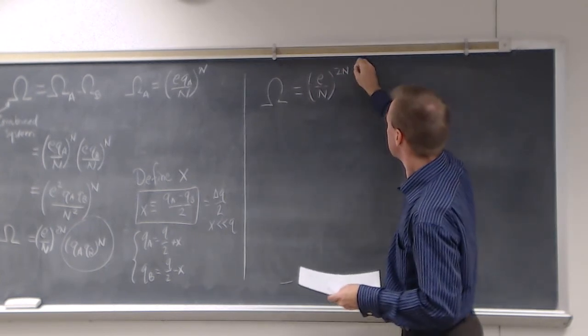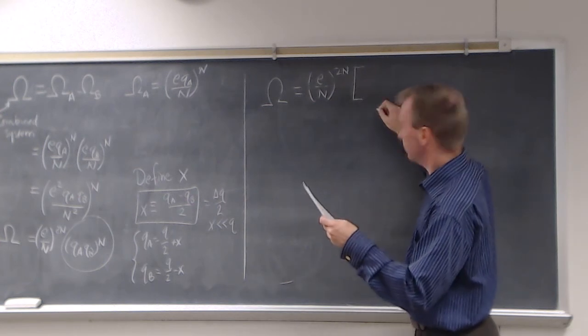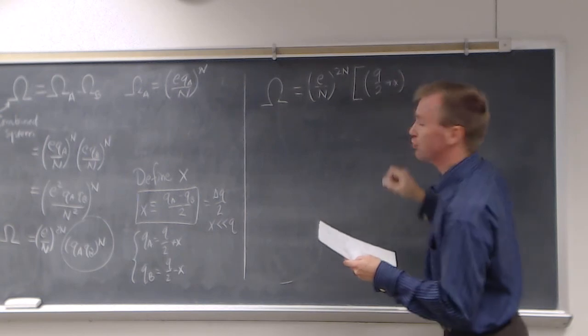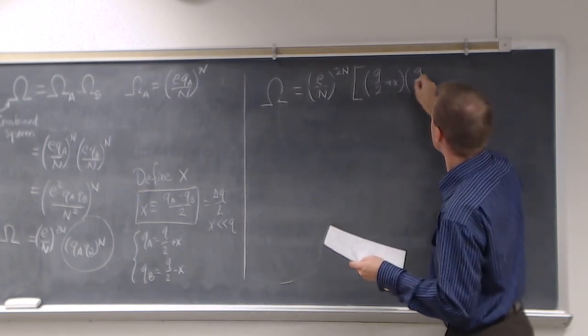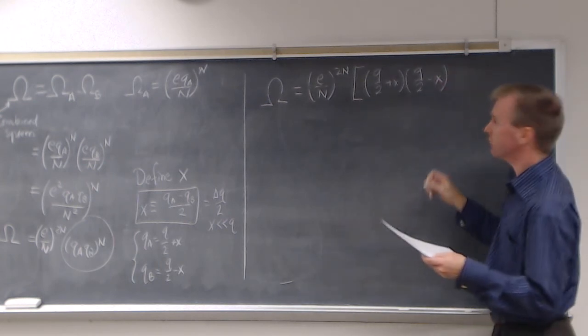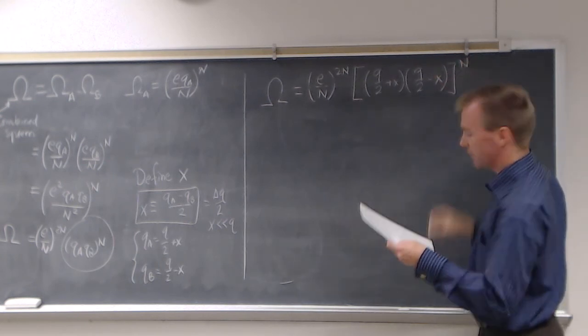Now, QA, QB to the nth power becomes Q over 2 plus X times Q over 2 minus X to the nth power.